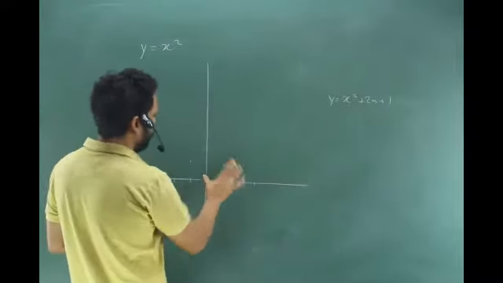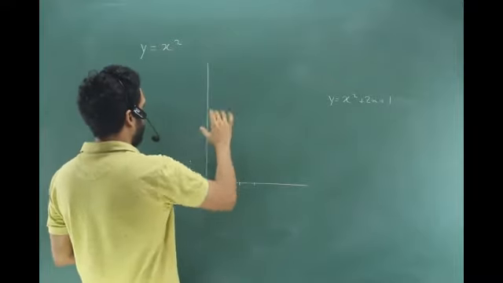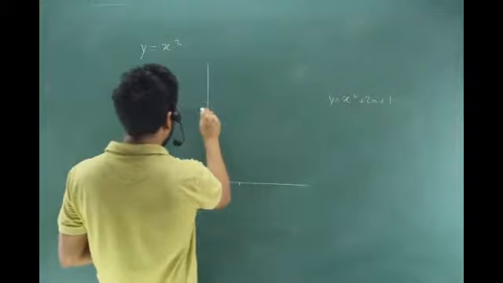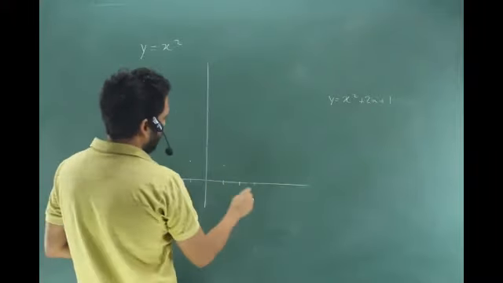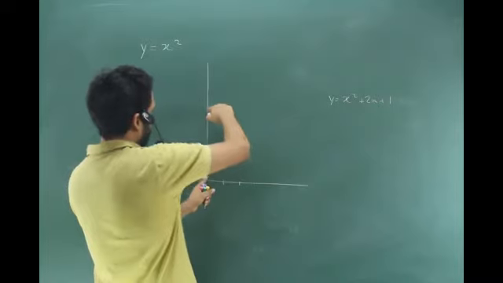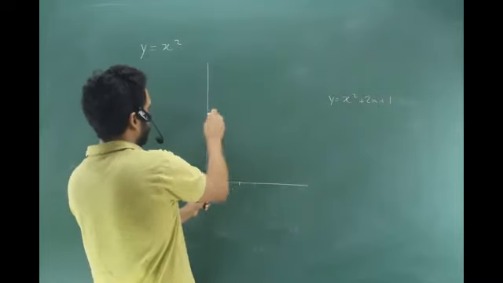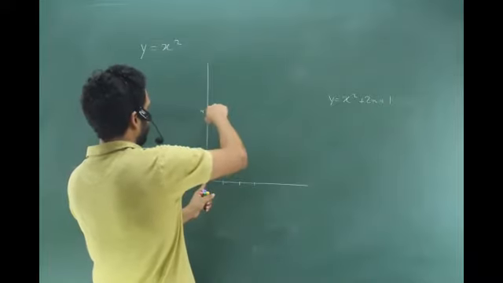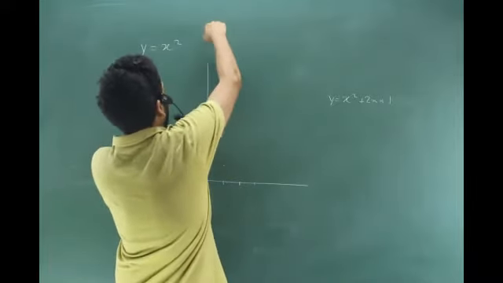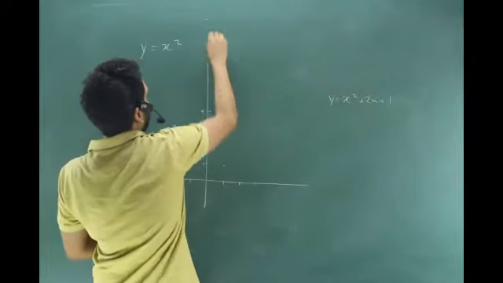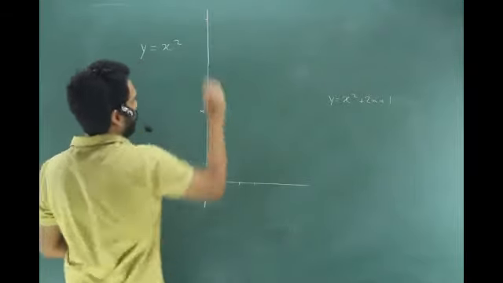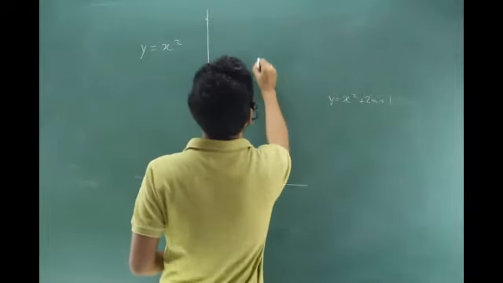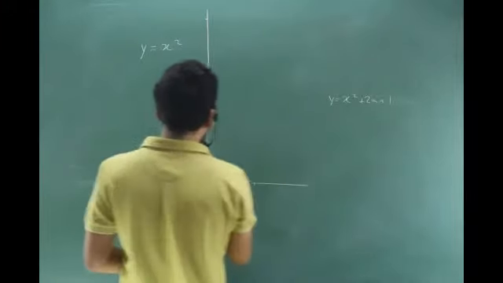If this is my 2, that's my 2, and this will be my 4, right? And then 3 square will come where? If this is my 3, then 9 will be somewhere there. So it becomes too steep. Hence I said that at least from minus 2 you plot.